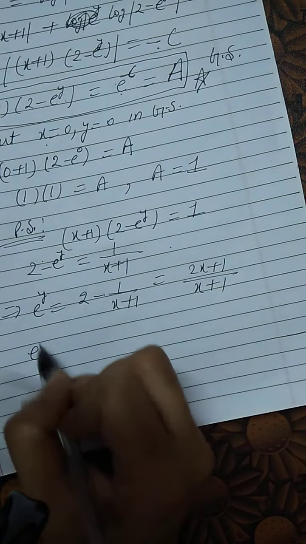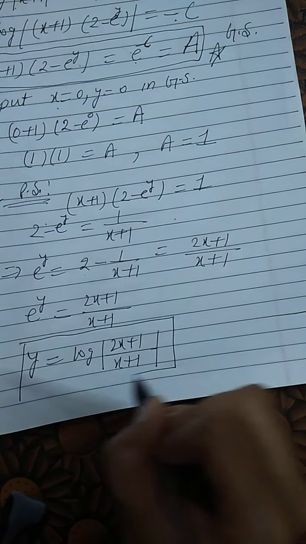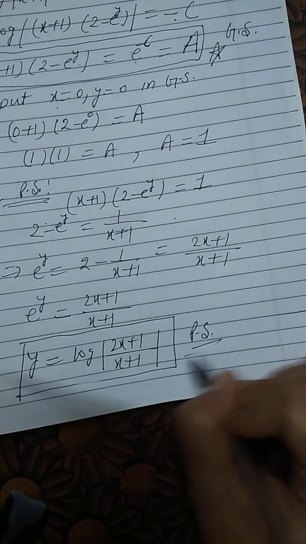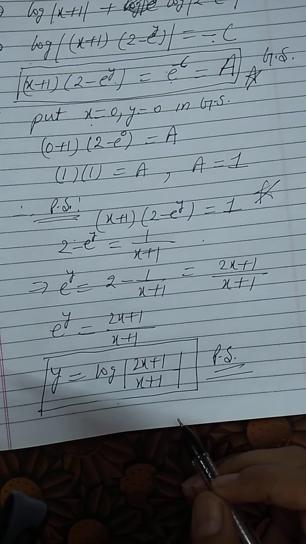So e raised to power y is 2x plus 1 upon x plus 1, and when I take log on both sides, y will be equals to log of 2x plus 1 upon x plus 1. This should be our simplified particular solution for the given differential equation. If you wish, you can leave the answer here also, but by chance if they ask you to simplify the particular solution, then we have to simplify as much as we can.